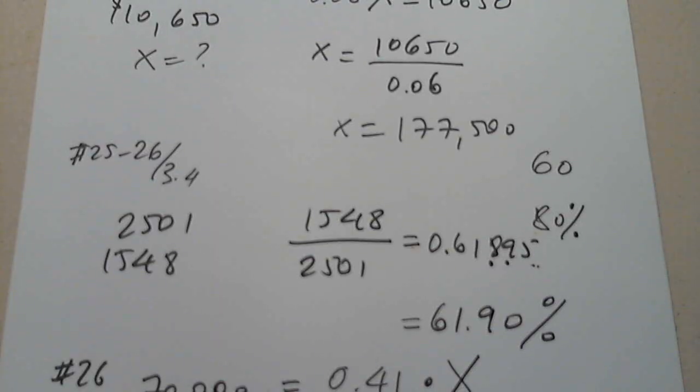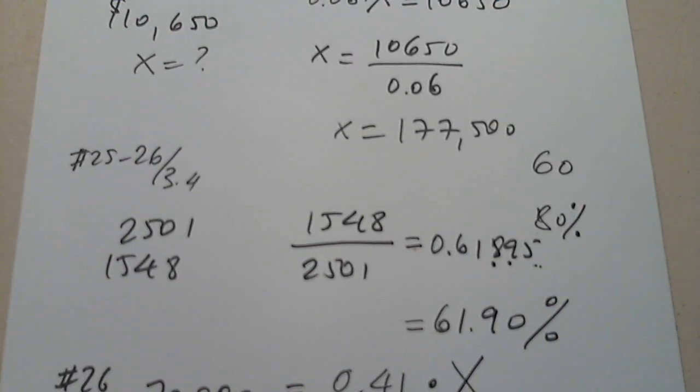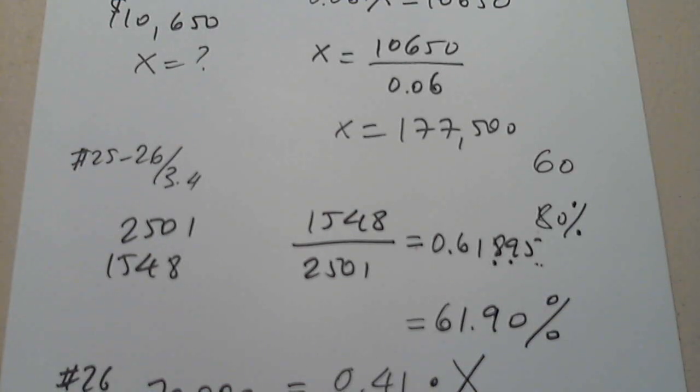So we go back and we divide 70,000 divided by 0.41. And the answer is 170,731. So x equals 170,731. And I don't know if they want decimal digits, but if I use 2 decimal digits, I will put 0.71. Now, because we are talking about people, let's take a look at what they say.